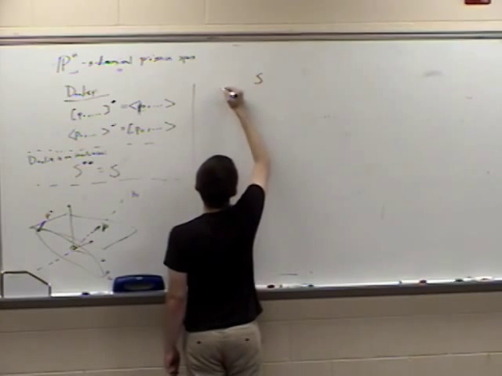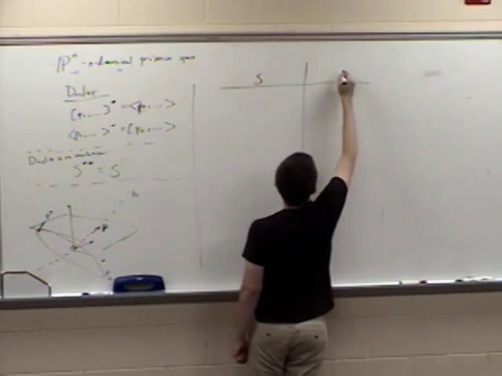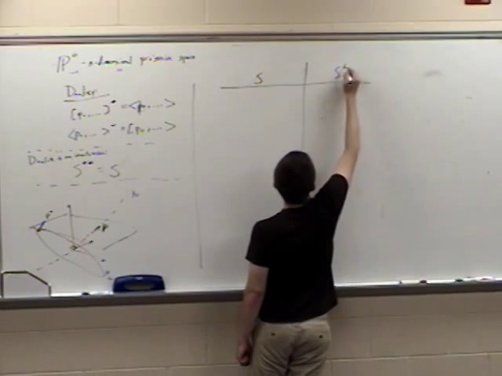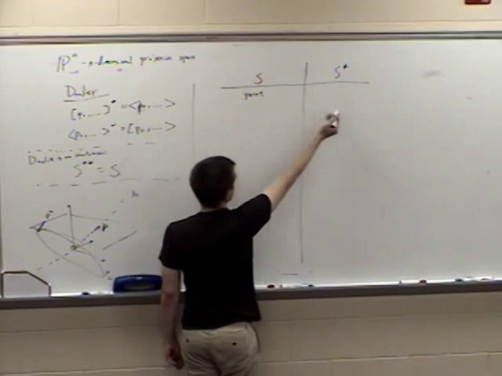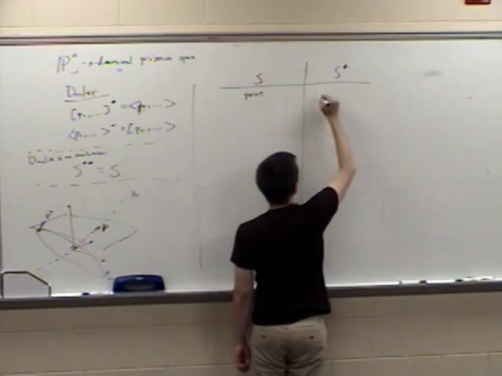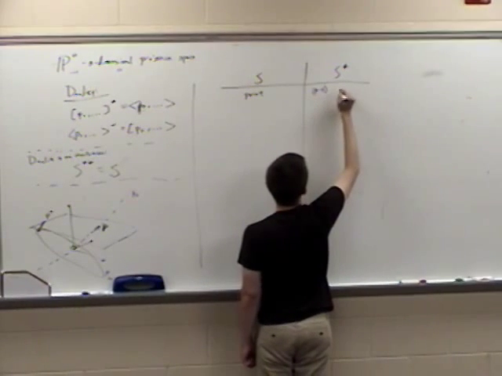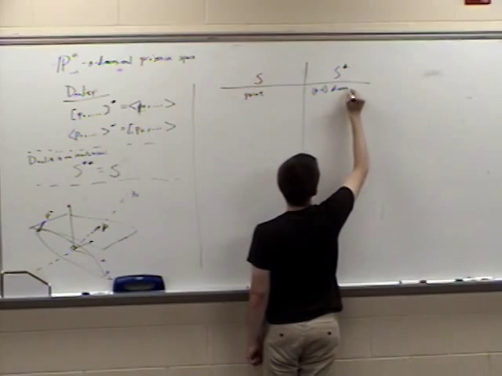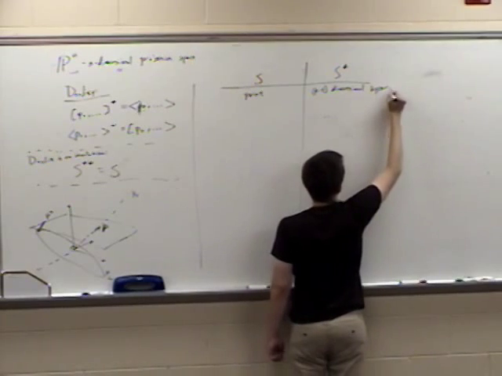So I'm going to have two columns here. I'm going to have S and S star. So if I feed it a point, and I take the dual of that point, then I'm going to get an n minus 1 dimensional hyperplane.